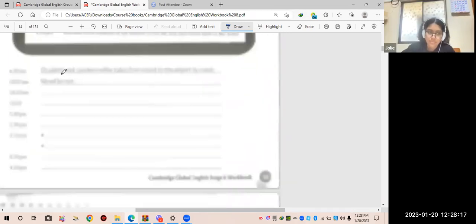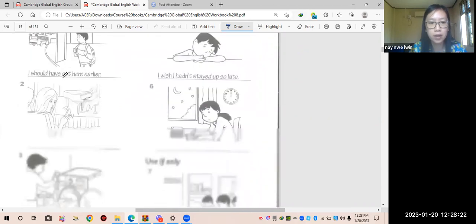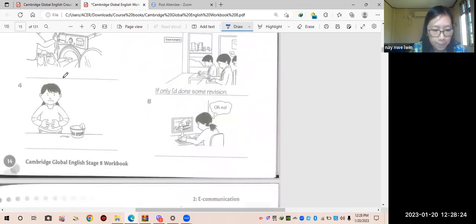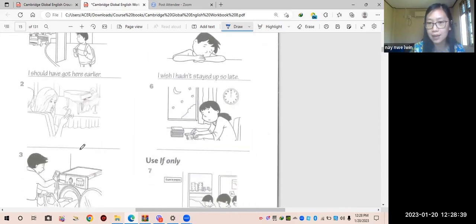Yes. So 3 is homework, and for the other, number 1 on page number 14, it is about "I wish" and "if only," "should have lost by 3" or "shouldn't have lost by 3." I also want to do this one as homework. Write captions for the pictures. You can see the pictures to get the idea. You may have different answers, but you are using the same pattern, right?